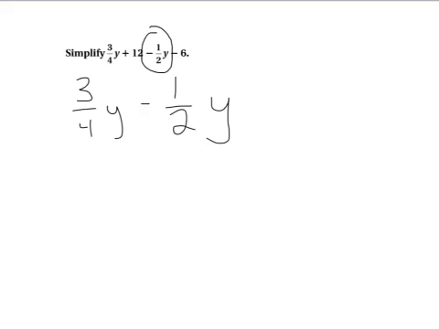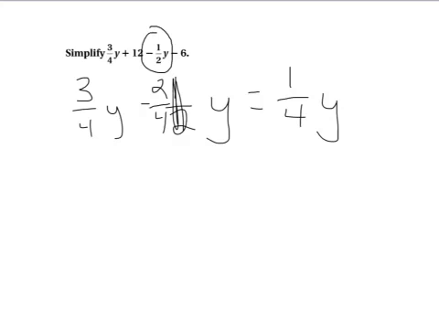Again, we cannot ignore this subtraction. We have to understand that we're subtracting 1/2 y from the whole expression here. So I'm going to subtract these two. I've got to find a common denominator, which is 4. That's 2/4. So I'm going to subtract 3/4 y minus 2/4 y, and I'm going to get 1/4 y.